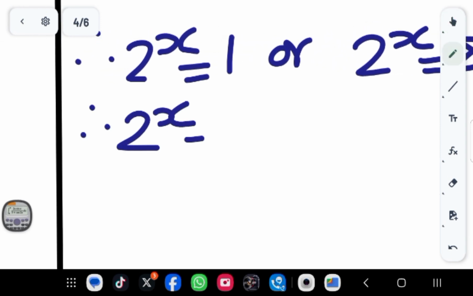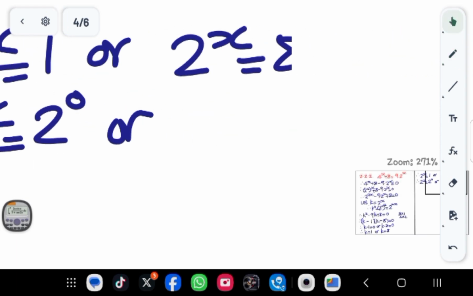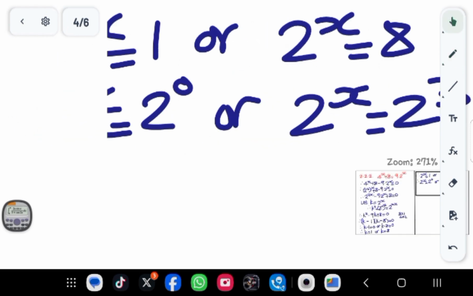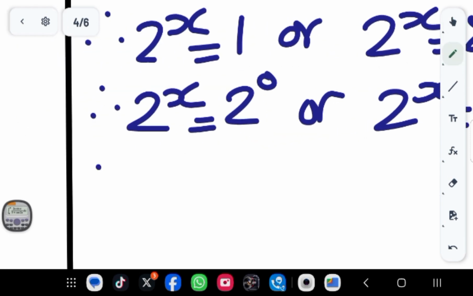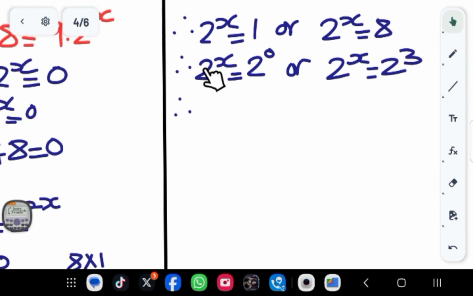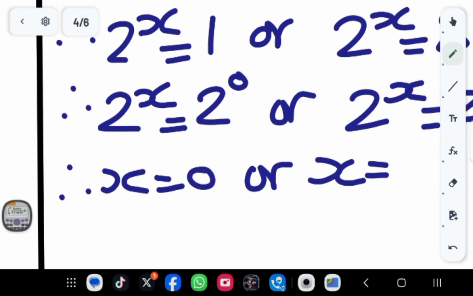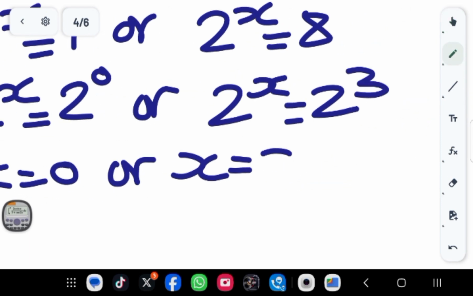So that is 2 to the power of x equals 2 to the power of 0, because 1 can be written as a power of 0 with any base, and that becomes 2 to the power of 3. Now that we've got powers of the same base equal, we can equate the exponents. x equals 0 or x equals 3.